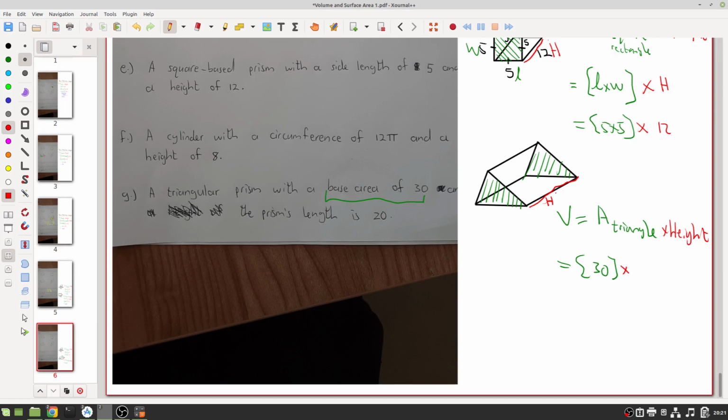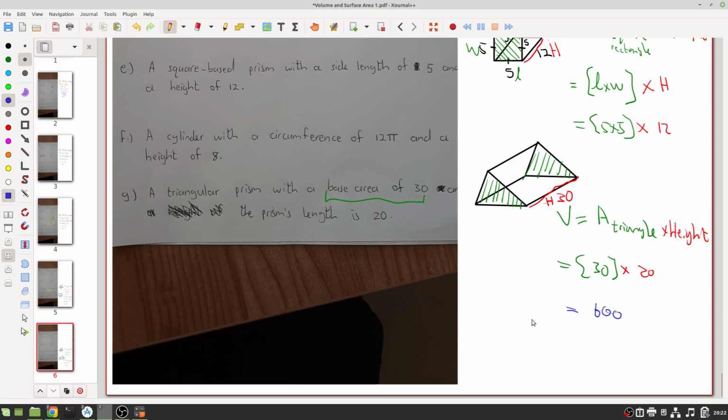They say the length of the prism is 30. Not 30, 20. So the base area is 30 and the height is 20, and we just multiply them. All we needed to do here is read properly. That gives us 600. They give us the area of the base, so we don't have to work it out, and they give us the length of the prism, so we don't have to work it out.